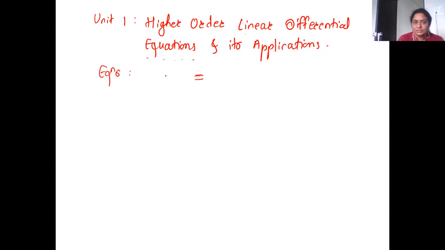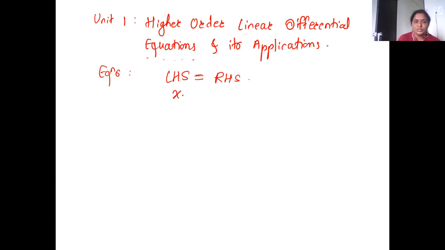An equation is always having a valid LHS and RHS. If both the terms are there, on either side of that equal sign, then it is called equation.